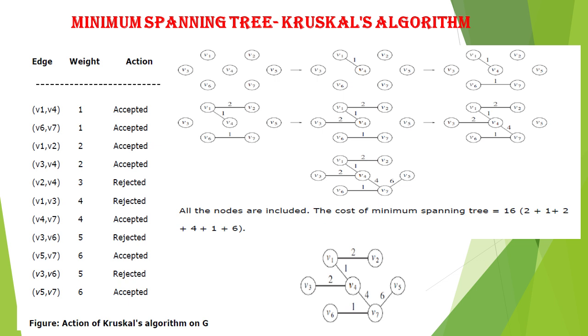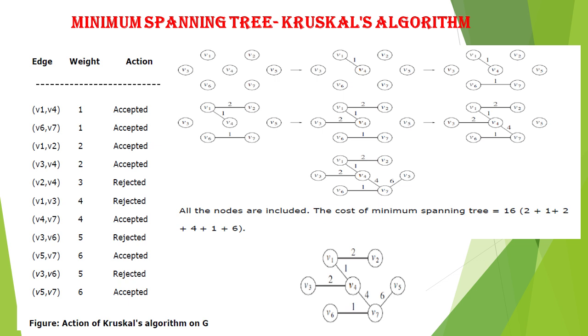Since we have included only one edge, no cycle is there and the edge value is also minimum. Next one is V6 to V7. While including V6 to V7 no cycle is created and the value of the edge is minimum, so we can include it.